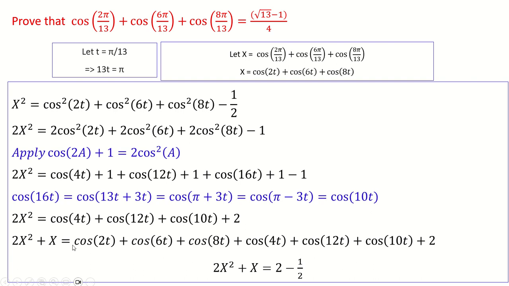Now if I add 2x square to this equation with x equal to this, I add 2x square plus x equal to, again I will get the same: cos 2t plus cos 4t plus cos 6t plus cos 8t plus cos 12t plus cos 10t plus 2. We know all this is minus half. So 2x square plus x equal to 2 minus half. Now let's solve for x.